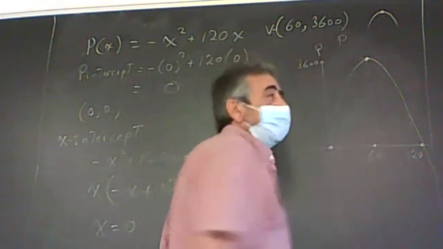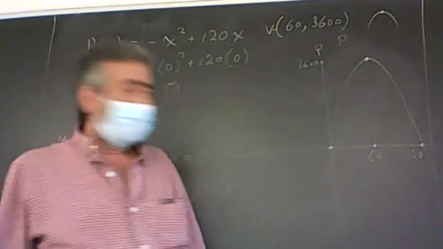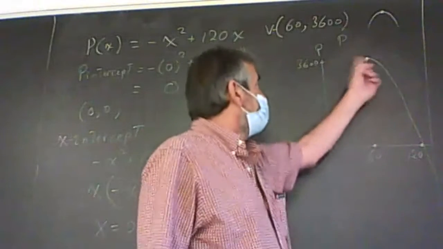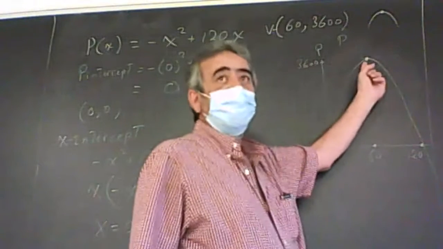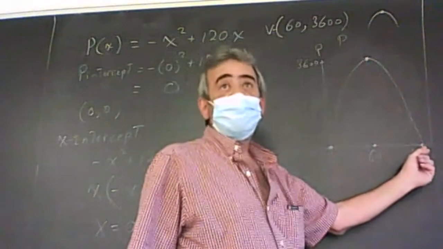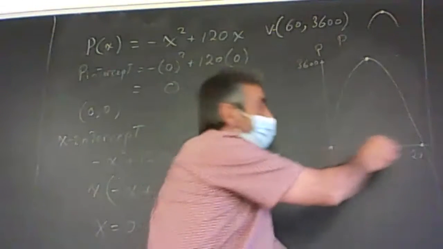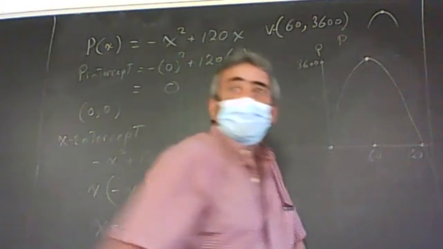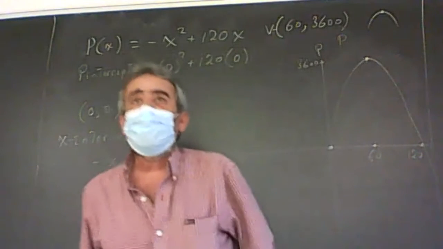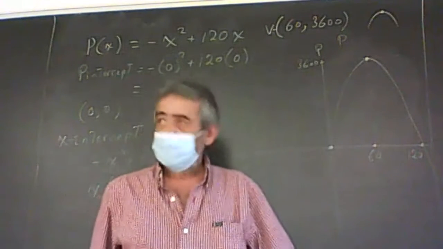This is your profit. Yes? For 60, you get $3,600. But if you sell 120 cases, what's your profit? What's the number? Over here, 0. So that means your profit is 0 if you sell 120 cases.